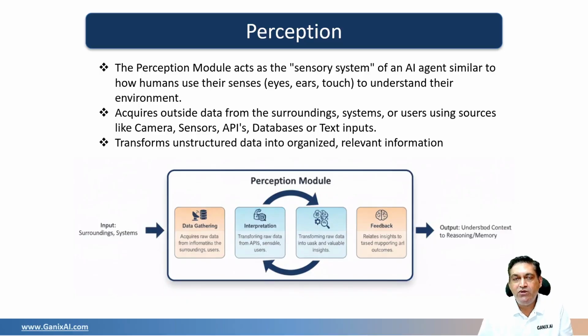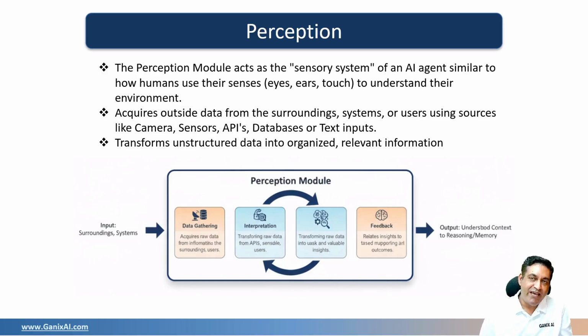The perception module is a kind of sensory system, like a human being has five senses, from which a human captures data. Similarly, the perception module of agentic AI captures the data from the surroundings. The surroundings can be your camera, your APIs, your database, your text, PDF, any kind of external information that the agent captures is perception.